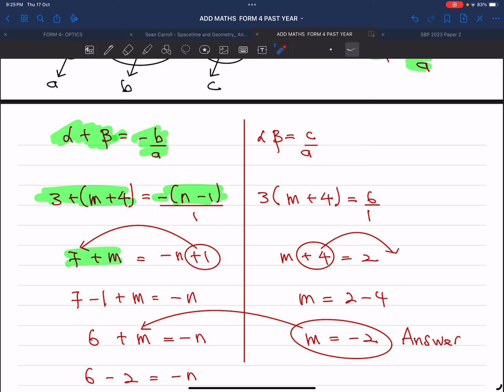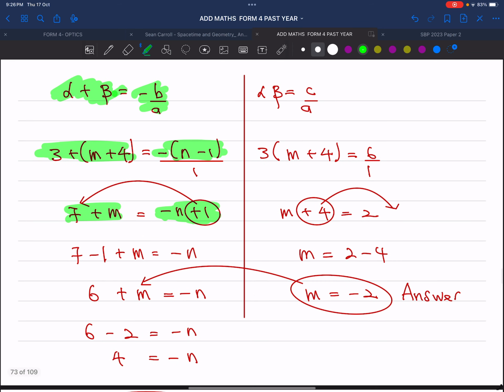Then the negative, I expand inside: negative and negative is positive 1, so it is negative n plus 1. I'm going to collect the numbers to one side, so the positive 1 becomes negative 1.